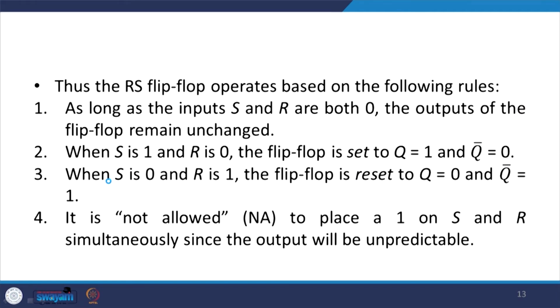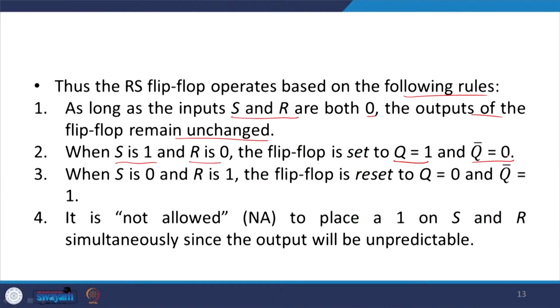So, I can summarize the RS flip flop operates on the following rules basically. As long as the inputs S and R both are 0, the outputs of the flip flop remain unchanged. When S is 1 and R is 0, the flip flop is set to Q equal to 1 and Q bar equal to 0, and when S is 0 and R is 1, the flip flop is reset to Q equal to 0 and Q bar equal to 1.